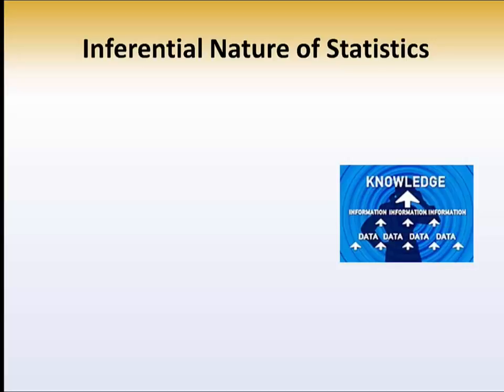Maybe your sample consists of 600 people in a forthcoming election. And based upon those 600 people, you want to infer what the results would be in your state, or what the results might be nationally. Essentially, you gather data on a sample in order to infer with some degree of confidence what the population values will actually be. Now, it isn't always as simple as Jim makes it sound, because there are many issues that are involved in such a process.